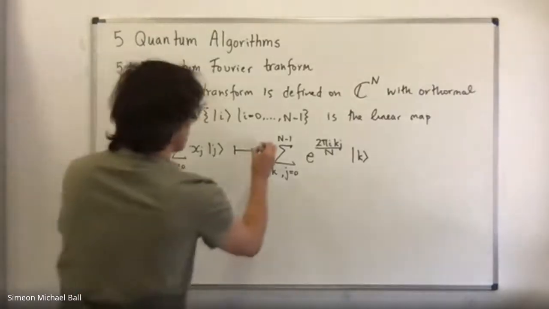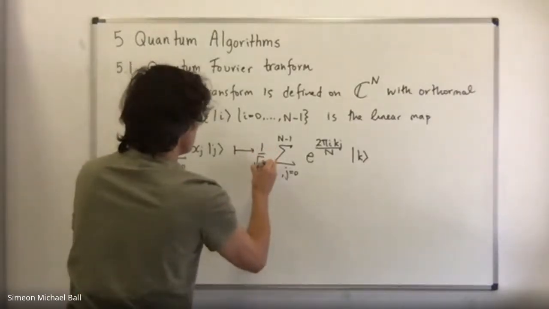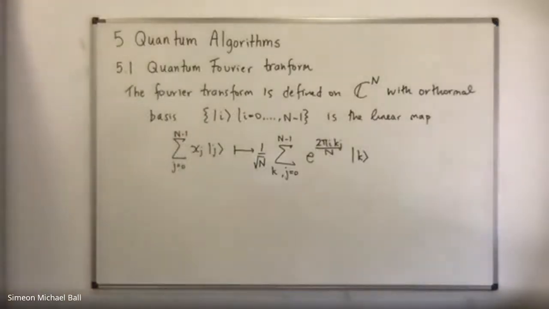And to be normalized, we need to put 1 over the square root of N here.